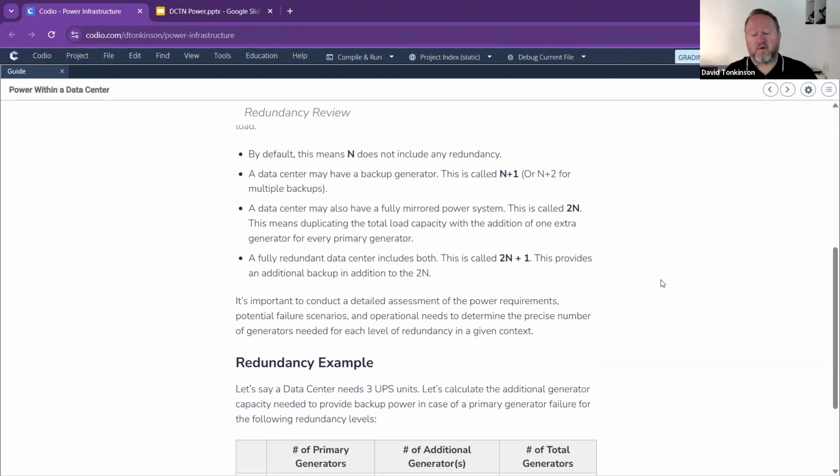You can also go as far as to have a fully mirrored power system, and that is called 2n. If I've got 5 diesel generators and I want to fully mirror that power system, I've now got to have 10 diesel generators. And if I do 2n+1, I've now got 12, because remember, I've got 6 on each.